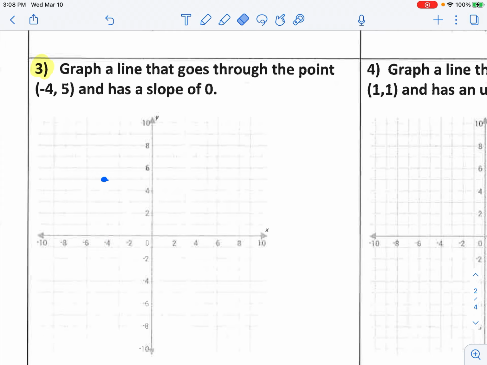Okay, so this one says it has a slope of 0. Remember from your notes page, if it has a slope of 0, it's going to be a horizontal line. So you really don't need to graph any more points. If it's going to be a horizontal line, your line is going to fall right along 5 on your y-axis.